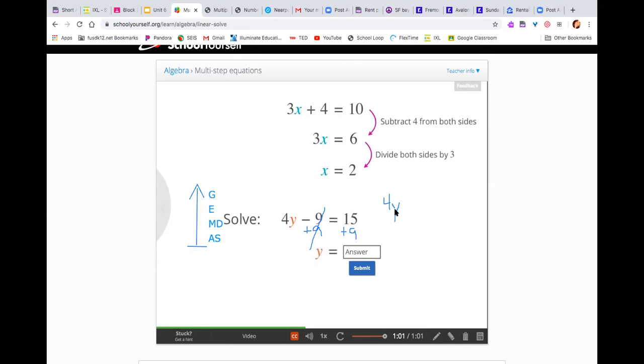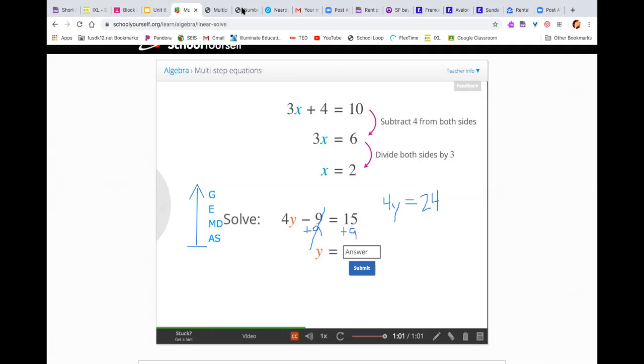Notice how even though I'm doing work online, I am writing it on a separate piece of paper. 15 plus 9 is 24.